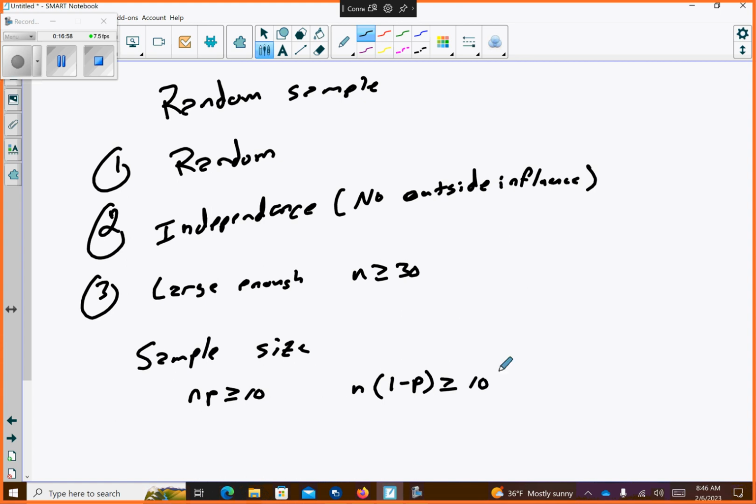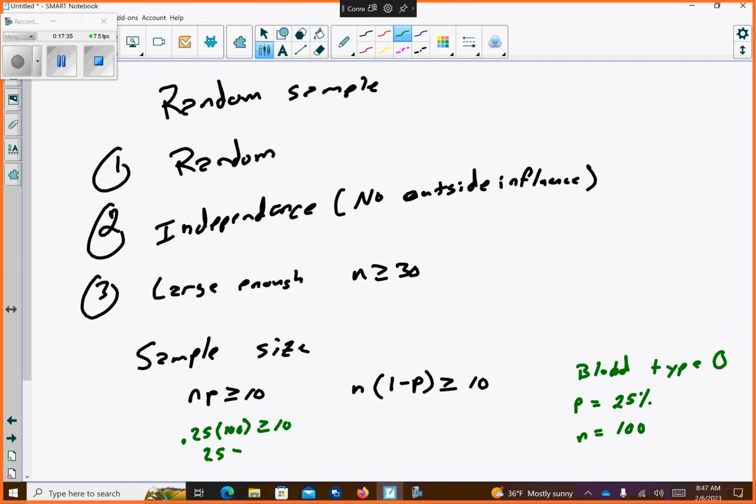If we go back to our blood type O example, we know we had 25% of what we expect, and that's our P. Our N is our sample size, which was 100. So I'd go 0.25 times 100, which is 25.